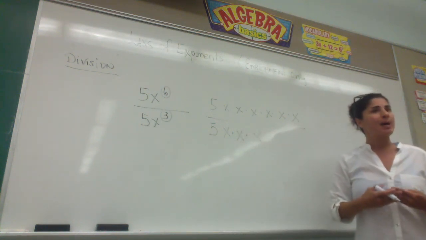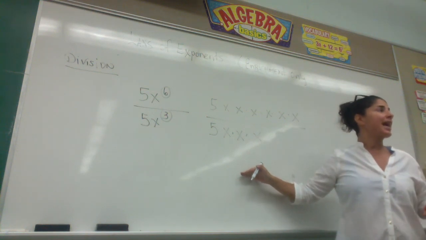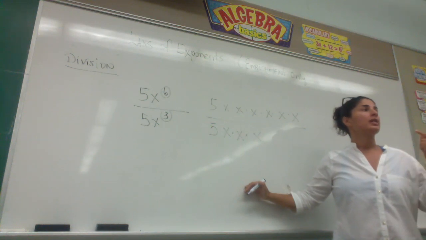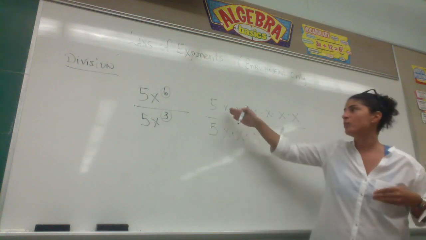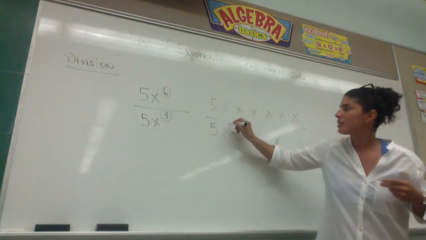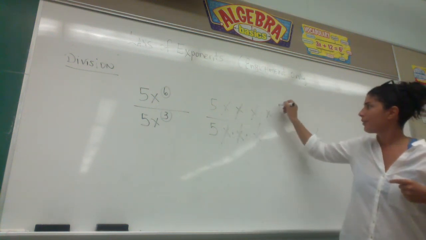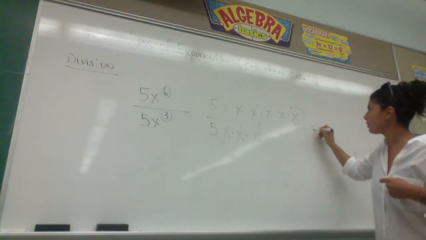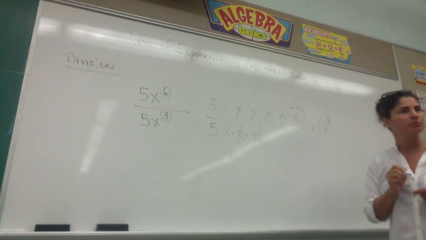What actually happens in division is x divided by x cancels out. So it's like 1 divided by 1. If this was a 4, well, 4 divided by 4 would equal 1. So you actually cancel these out, and you're left with 3 of them. So that's why it's 5 divided by 5 equals 1, and I have x to the power of 3.